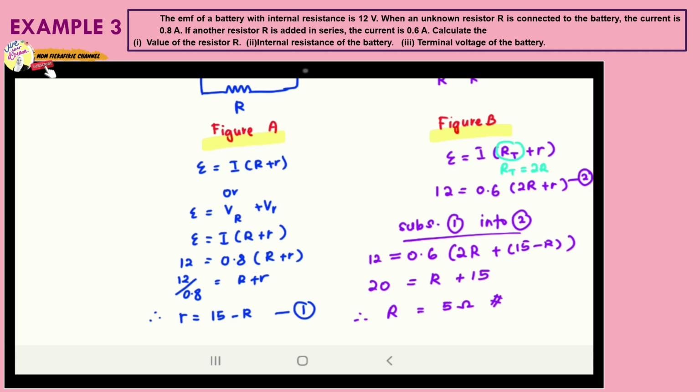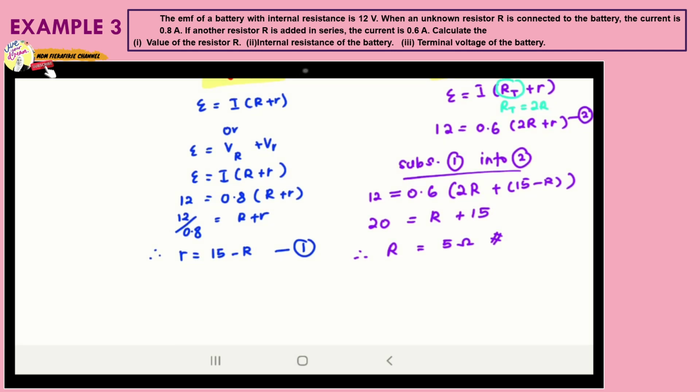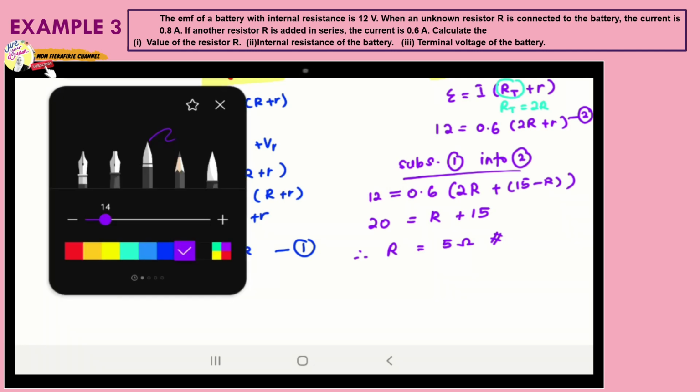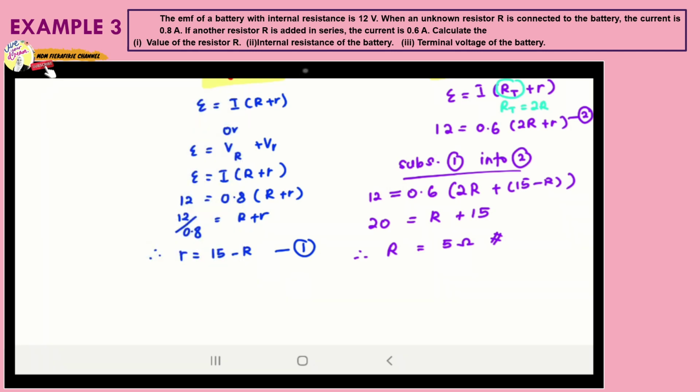Now we're going to calculate the internal resistance of the battery. For these two cases, we still have the same battery with the EMF of 12 volt.